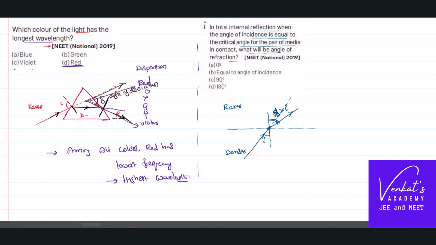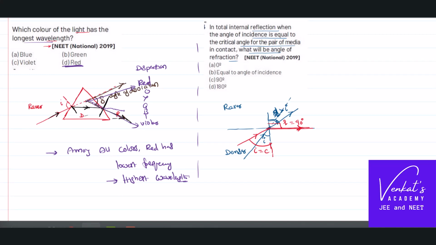If you keep on increasing the angle of incidence, for a particular angle of incidence, which is called the critical angle, the light ray grazes the boundary separating the two media, and the angle of refraction is 90 degrees. That particular angle of incidence at which the light ray grazes the boundary separating the two media is called the critical angle.